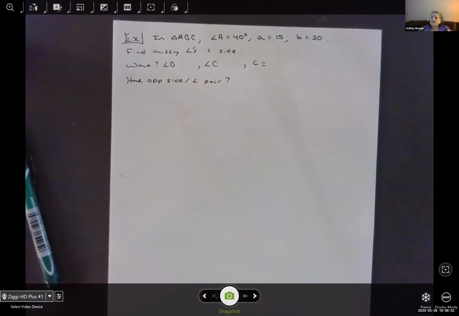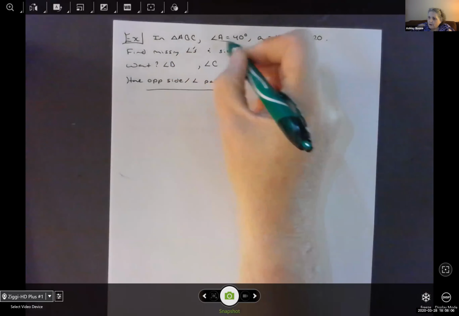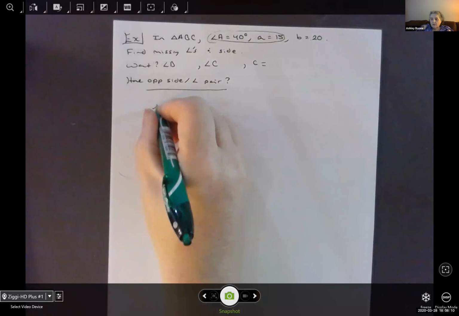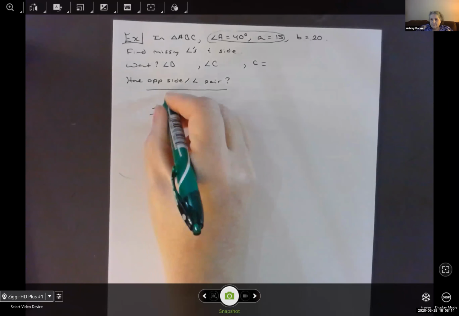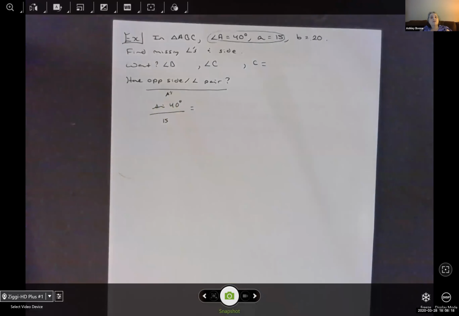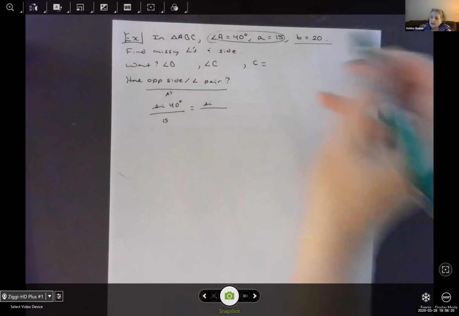Do we have an opposite side angle pair? We do. We know angle A and side A. So we know that we have the sine of 40 degrees is to 15 for our A's, okay? And can we use the law of sines with the sine of another angle to a side? Well, we know that side B is 20.